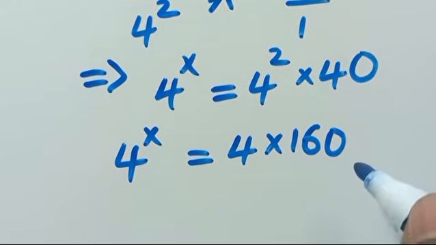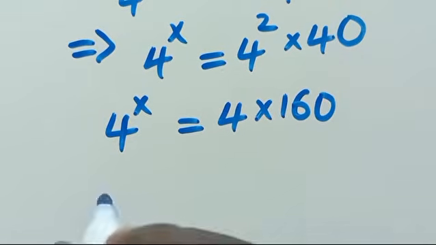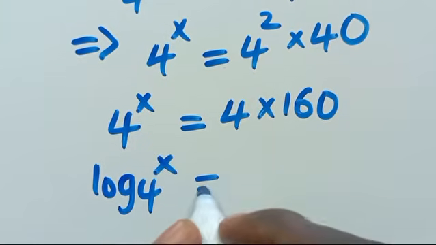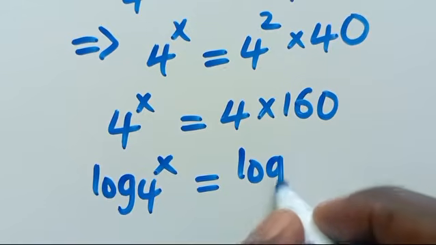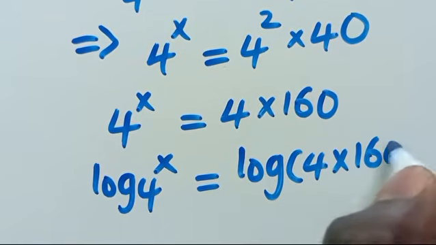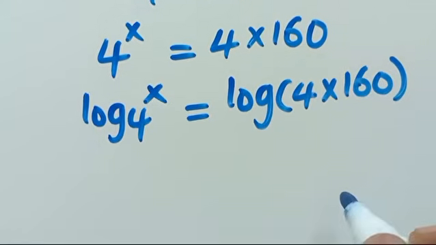So from here, let's introduce log to both sides. We have log 4 to the power of x equals log 4 times 160.